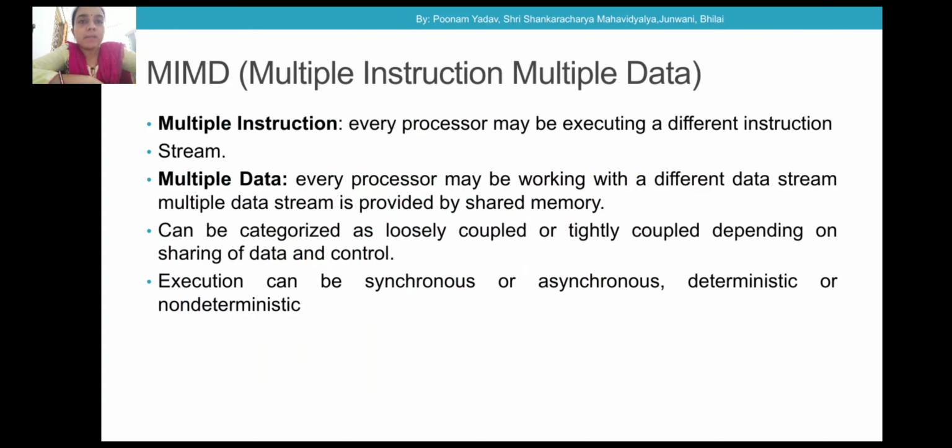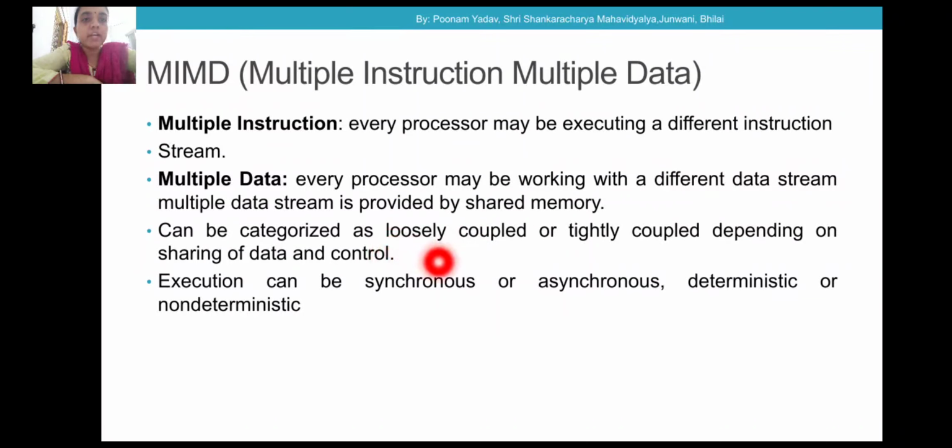Now MIMD means multiple instruction, multiple data. General purpose computer systems use this type of architecture. With multiple instructions, every processor may be executing a different instruction stream, and they are working on a different data stream, provided by a shared memory.